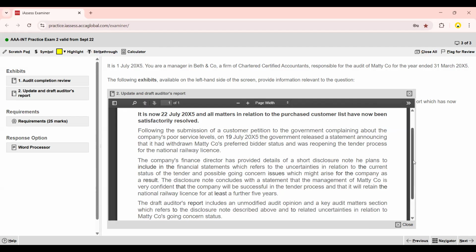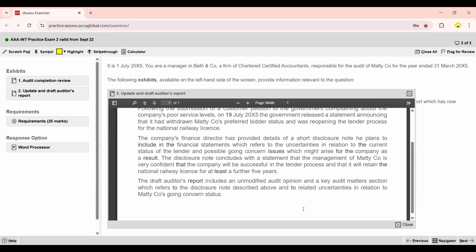Wow, what a joke. The draft auditor's report includes an unmodified audit opinion and a key audit matter (KAM) section, which refers to the disclosure note described above and to related uncertainties in relation to Matty Company's going concern.